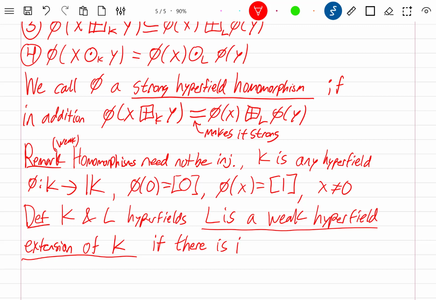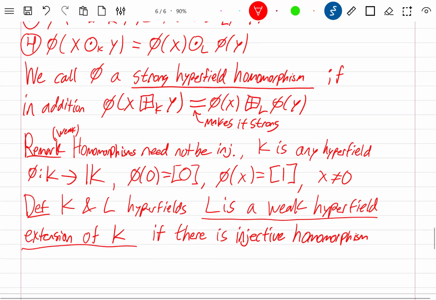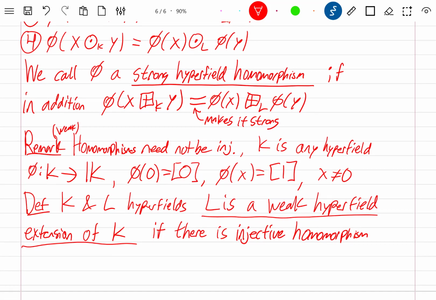So we're going to require there to be an injective homomorphism phi from K to L. Oh, and I need the word weak here.